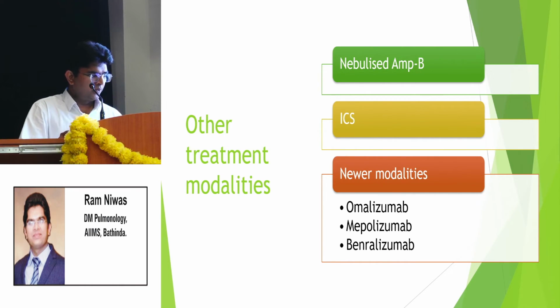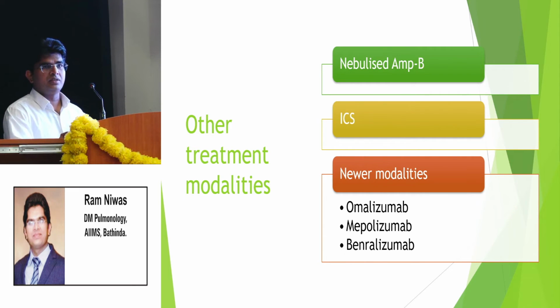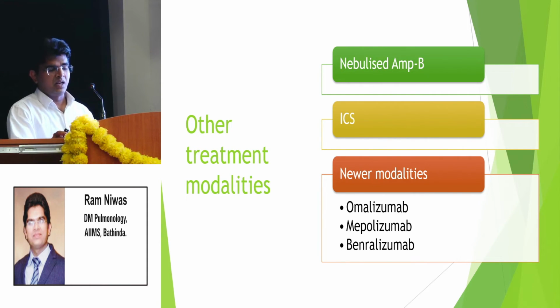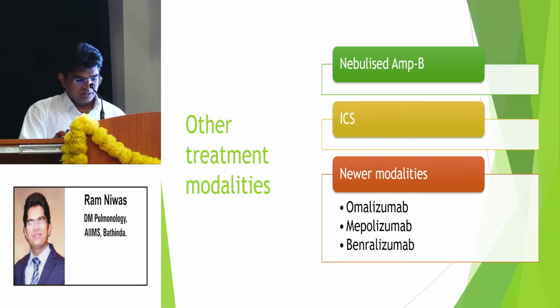And now coming to other treatment modalities, so we have nebulized amphotericin B, inhaled corticosteroid, and various newer modalities. Nebulized amphotericin B can be given as a maintenance therapy, but good quality studies are not there.